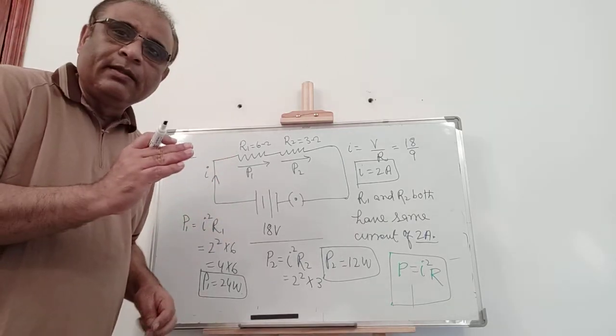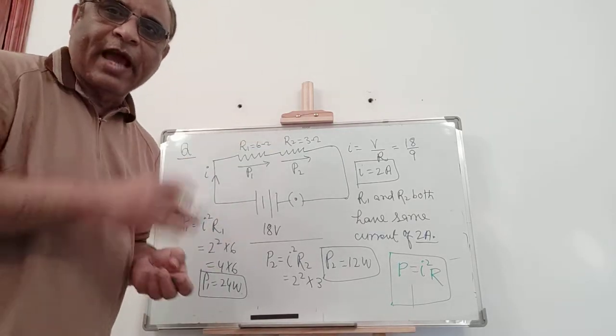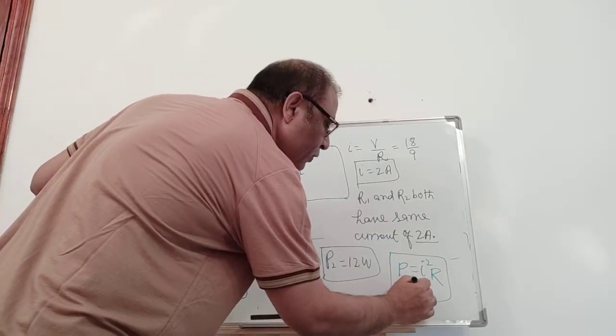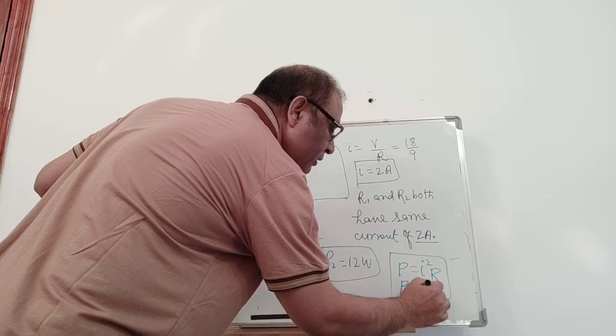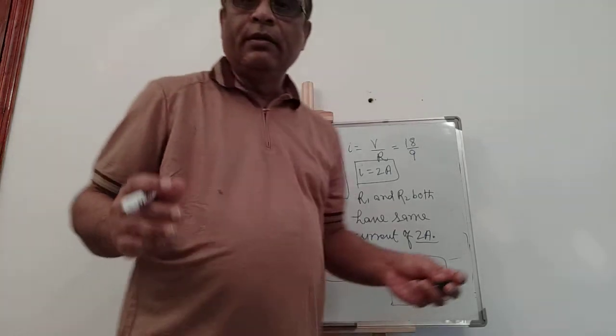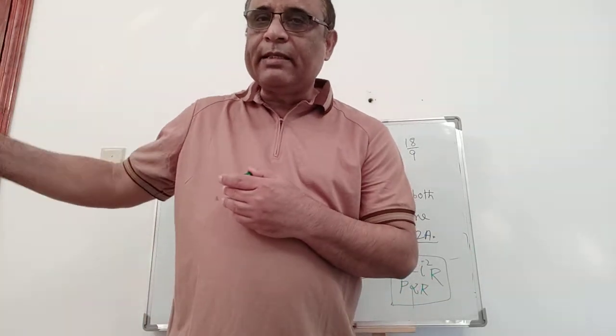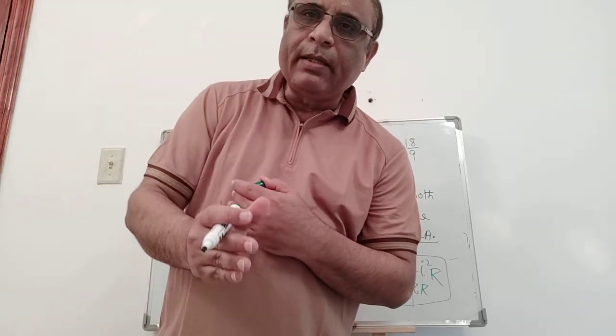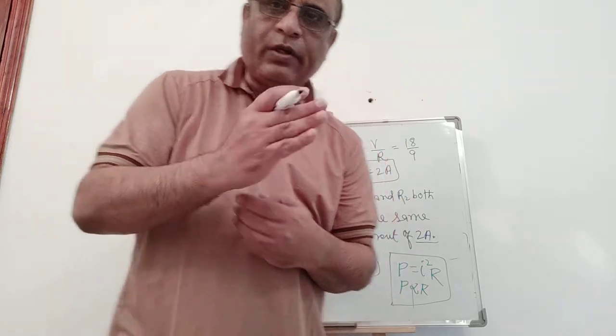It means it is in series. I is constant, so P is proportional to R. In series, resistance increases, power increases. Resistance decreases, power decreases. Got it?